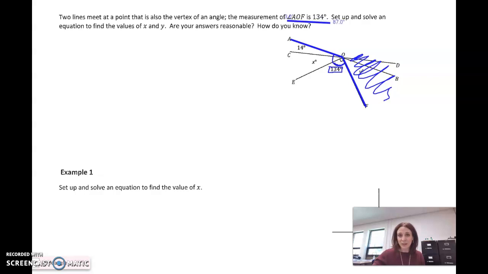That's what it tells me right here. So these three angles, this one, and this one, have to add together to give us 134. So that means that 14 degrees plus x degrees plus 90 degrees has to equal 134 degrees.